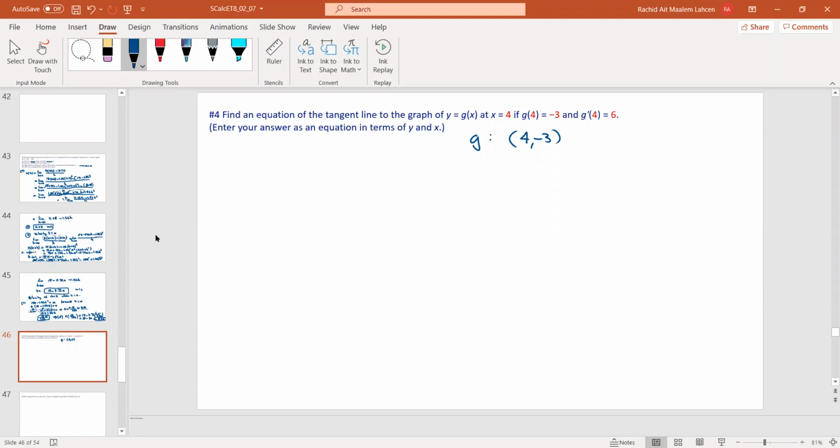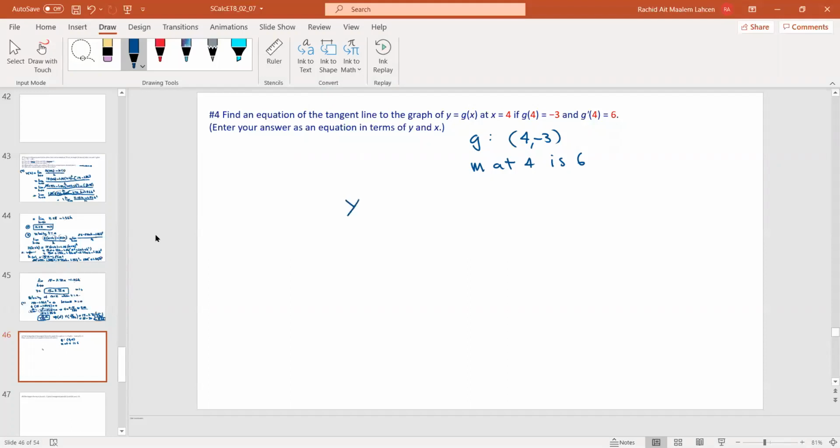And g prime of 4 equals 6 means the slope at 4 is 6. If you watch the beginning of the video talking about how to find the equation of a tangent on a simple problem, we will use that now here.